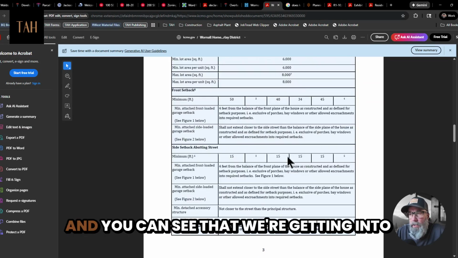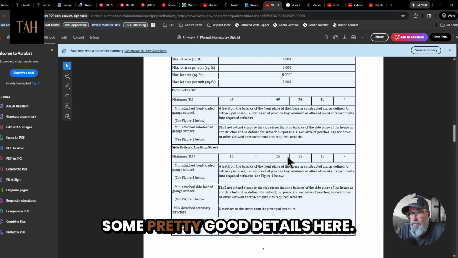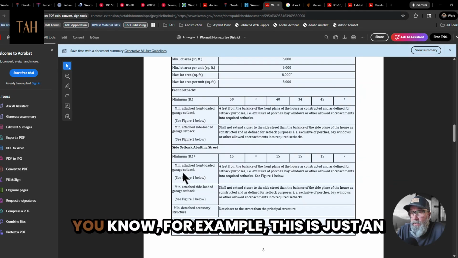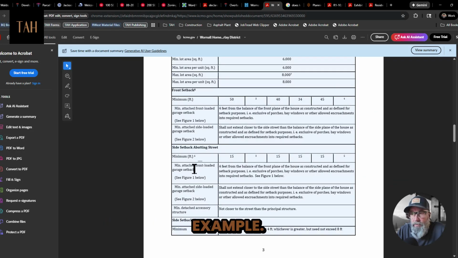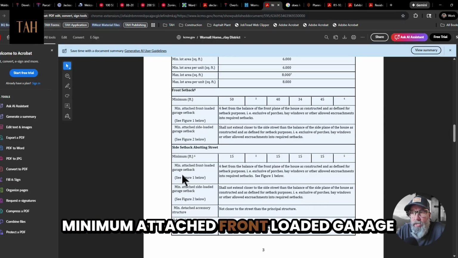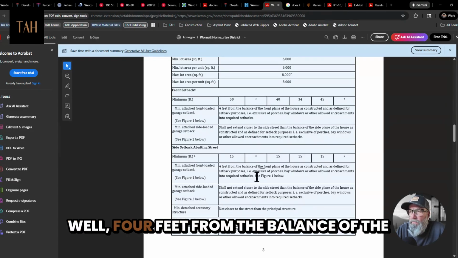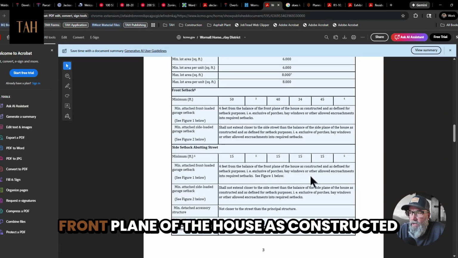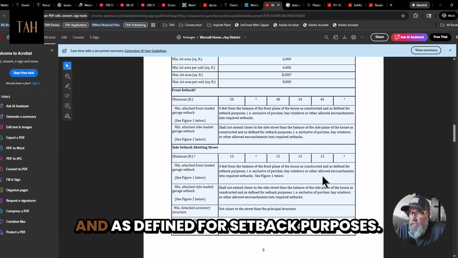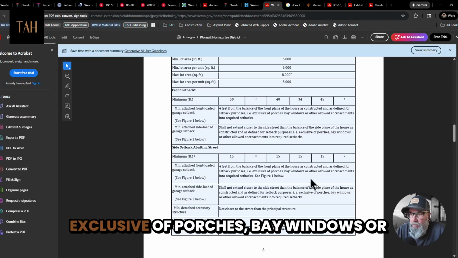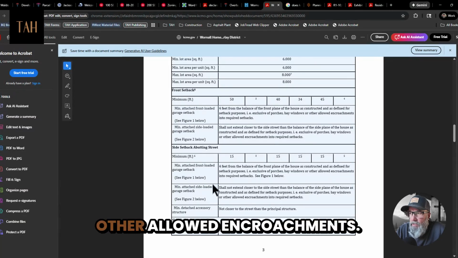And you can see that we're getting into some pretty good details here. For example, this is just an example, minimum attached front-loaded garage setback. What does that mean? Well, 4 feet from the balance of the front plane of the house as constructed and as defined for setback purposes, exclusive of porches, bay windows, or other allowed encroachments.